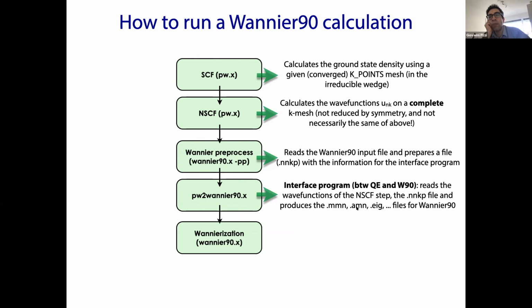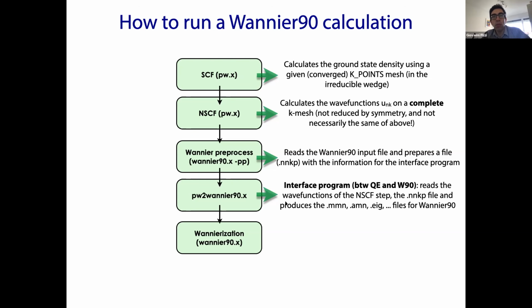So MMN and AMN, these are the two sets of matrices. EIG is for eigenvalues, sorry, the band energies at the points that were computed with DFT, etc. And depending on what you compute, there might be more files.